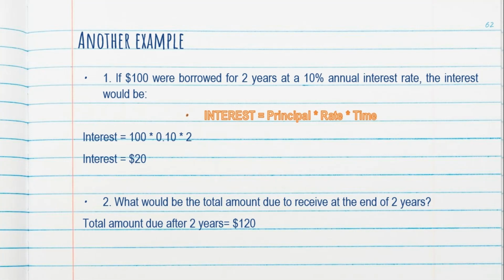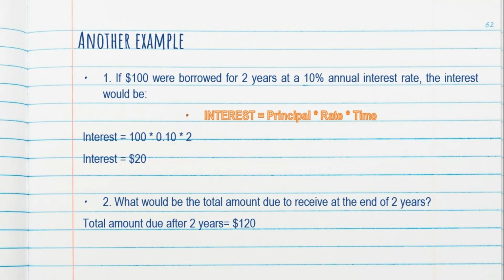Now think of this. What are they asking from me? They are saying the interest would be, so I am looking first at just the interest. So you do your math, and it says 100 times 0.10 times 2 equals 20. That is your interest. All right.